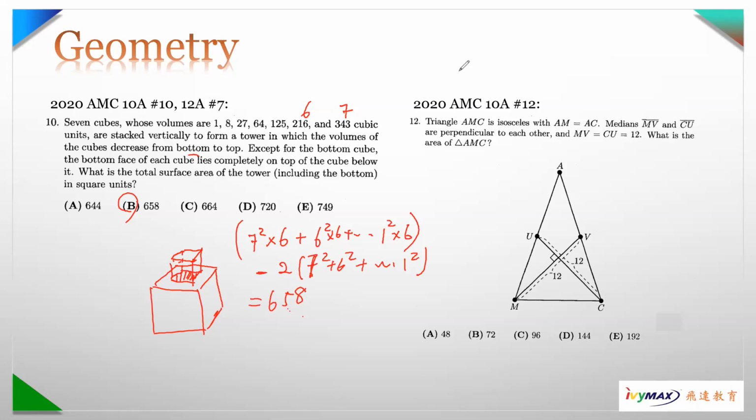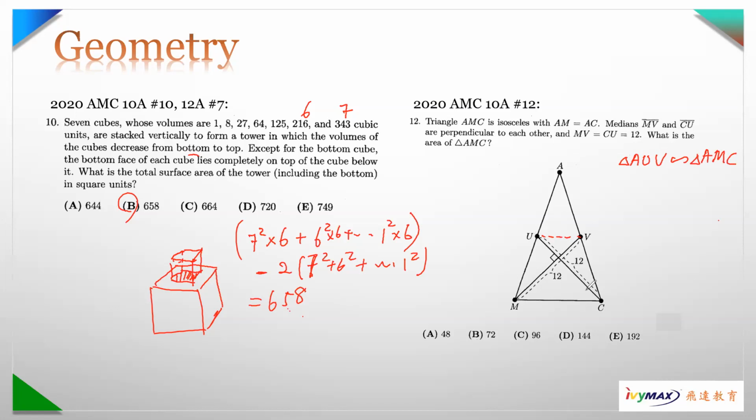Okay, so for this type of question, since we have very clear information of the midpoints, if I connect those, the top triangle AUV should be similar to the triangle AMC, right?